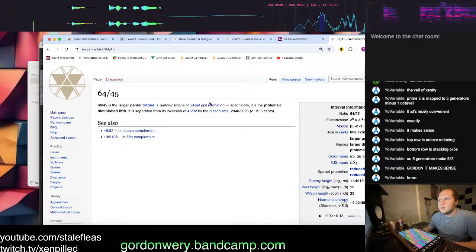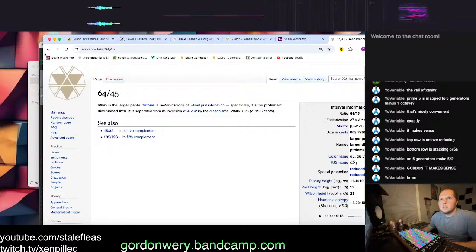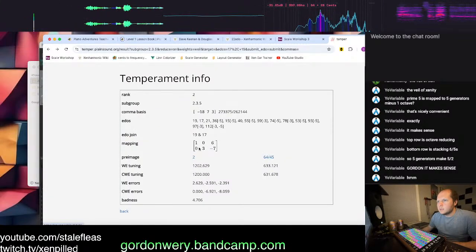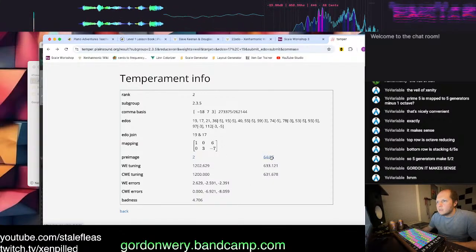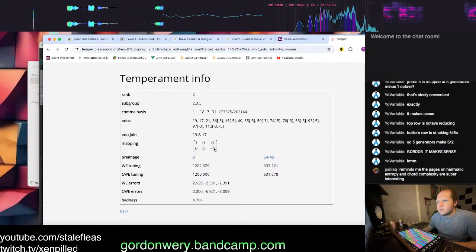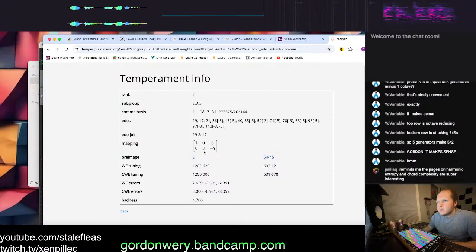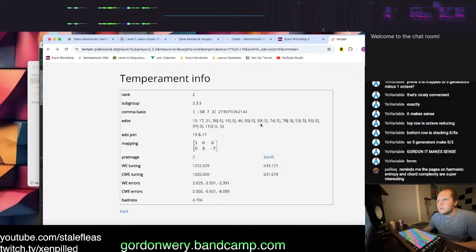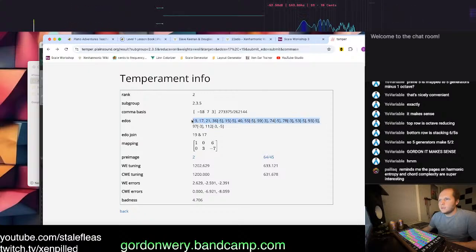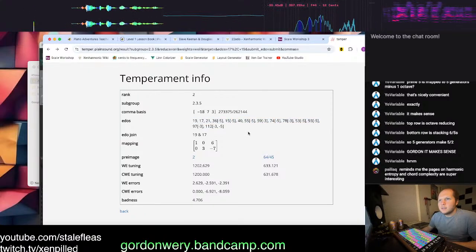A five-element tritone. So that one is just made by stacking tritones. I imagine the MOS scale for that would look a little silly. It doesn't even have a name. Sometimes there's not even a name for this.